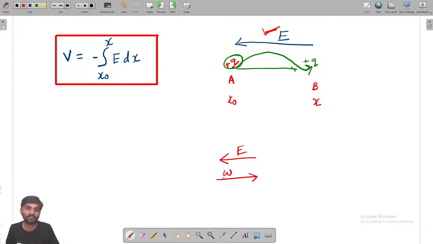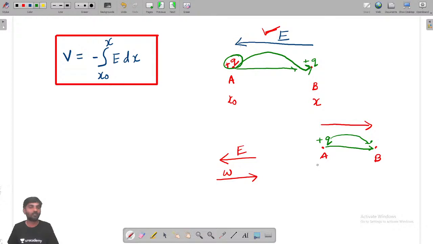So what happens if, let's say, this point A is here, point B is here, the electric field is also in this direction, and you are also trying to move this positive charge from here to here?